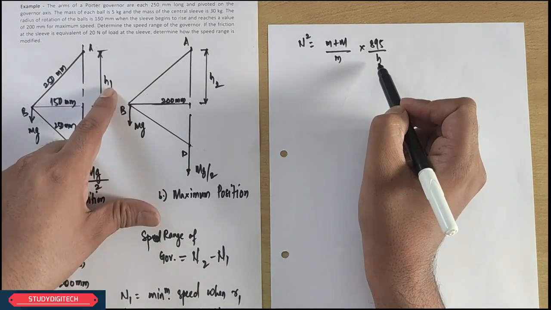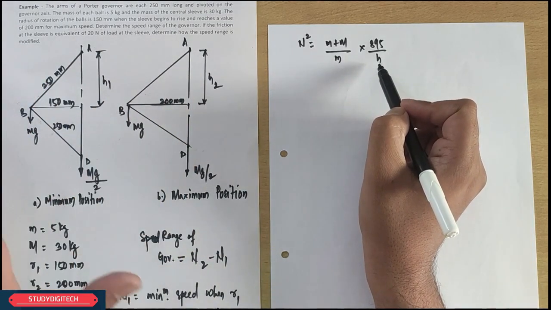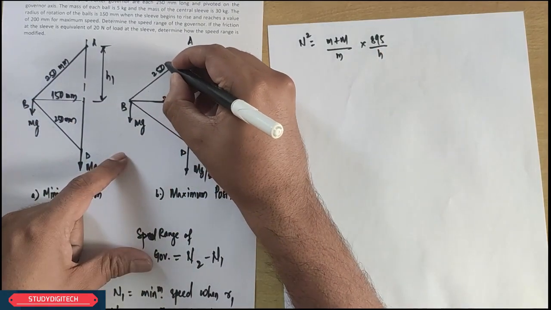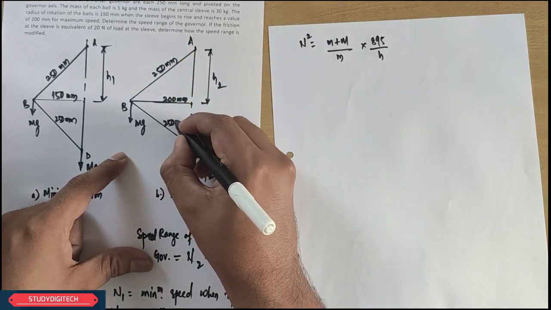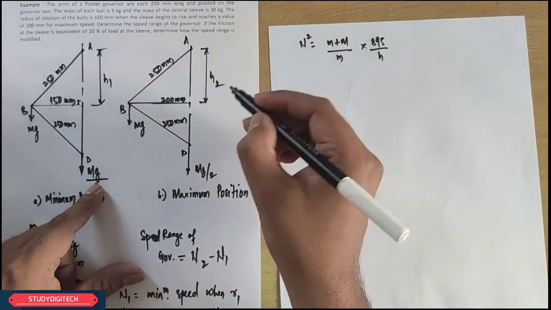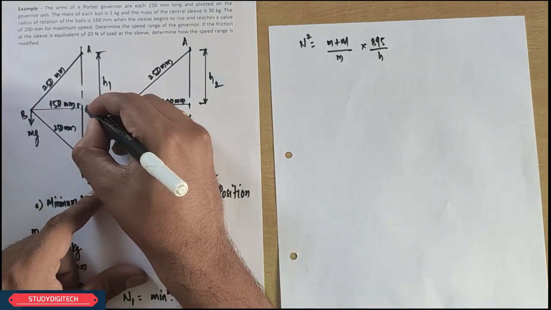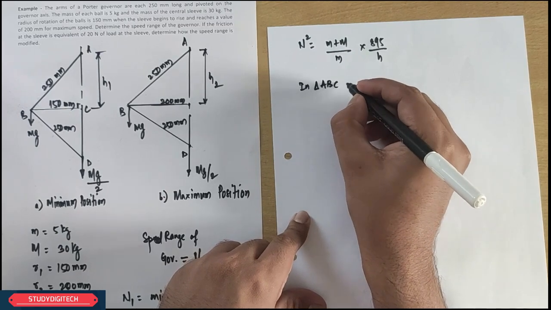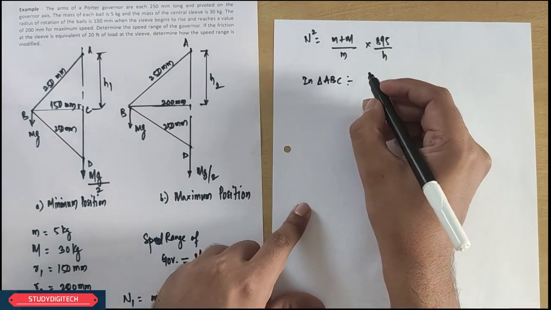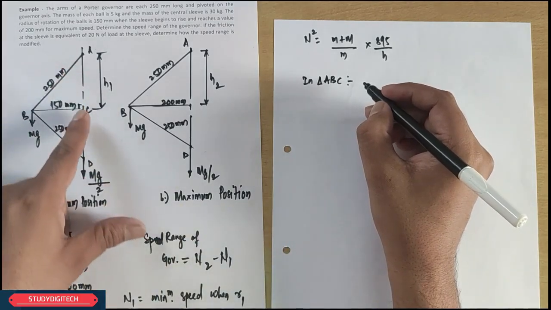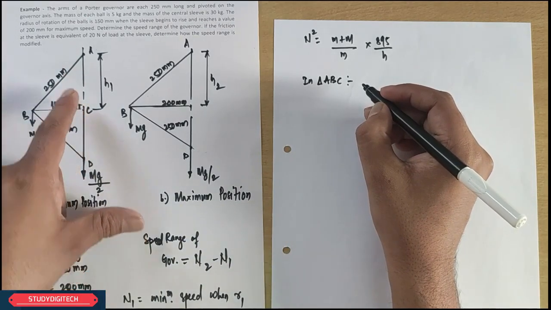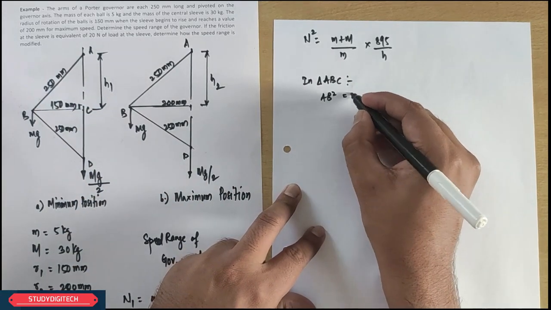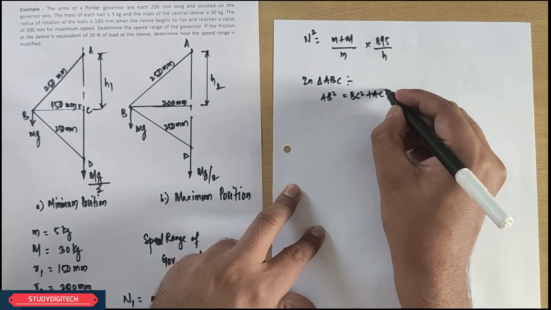We can determine this height by using Pythagoras theorem, because the length of the arms is known to us. So if we take triangle ABC, it is a right angle triangle, angle ACB is 90 degrees.